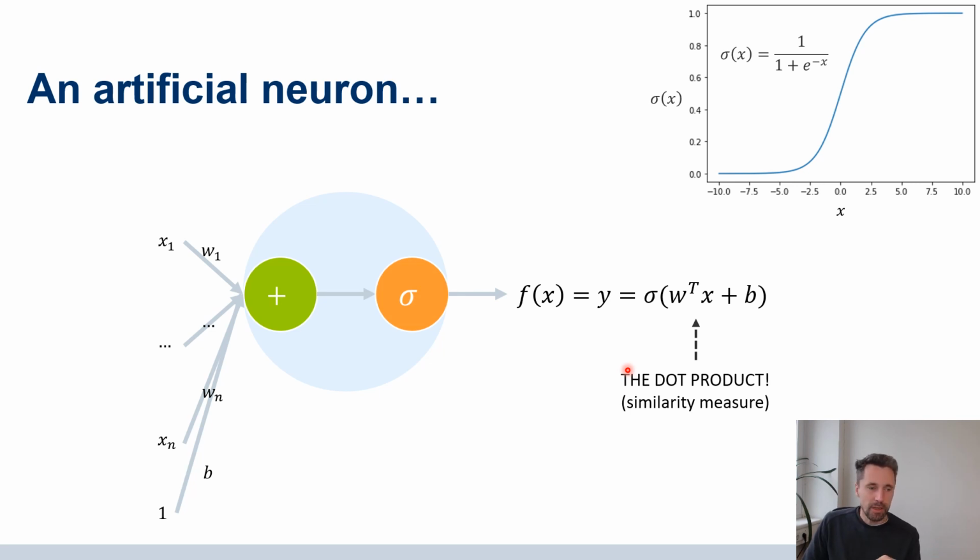It can be interpreted as a similarity measure, because this number is large if W and X are pointing in the same direction. So the output will be close to 1 if this dot product is large.